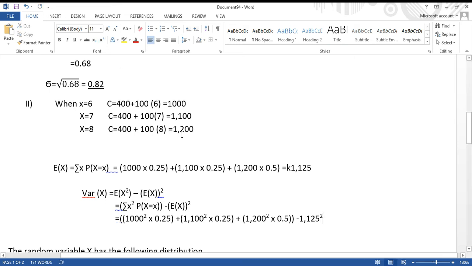Right, so let's do it. 1000 squared times 0.25 plus 1100 squared times 0.25 plus 1200 squared times 0.5.